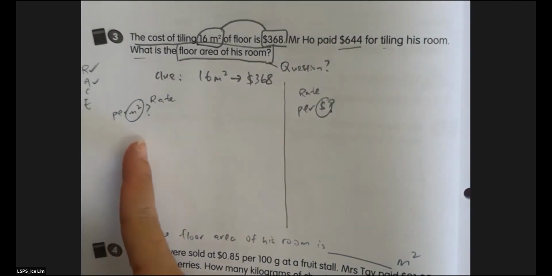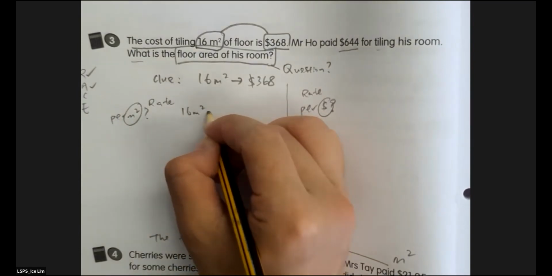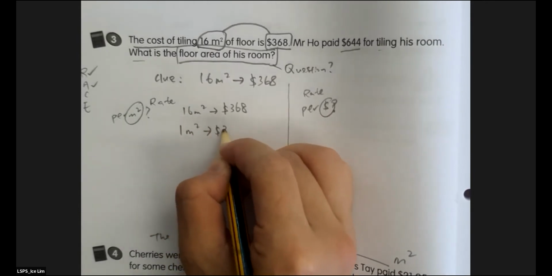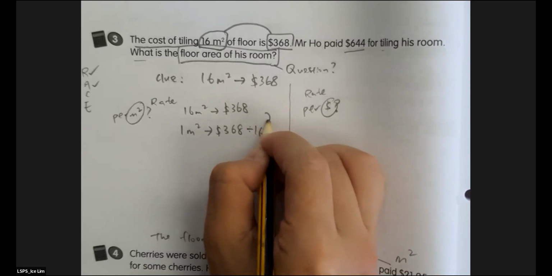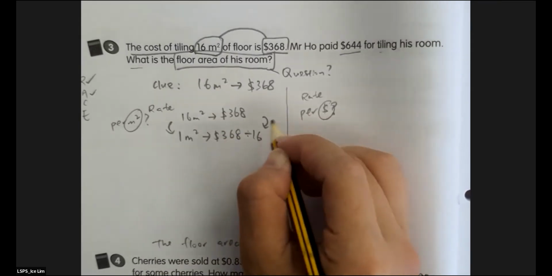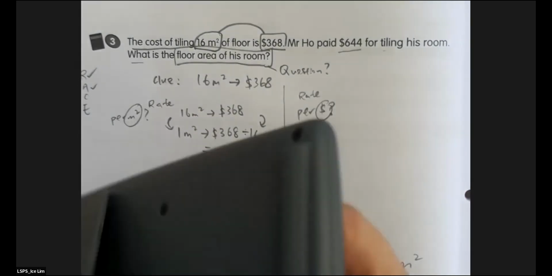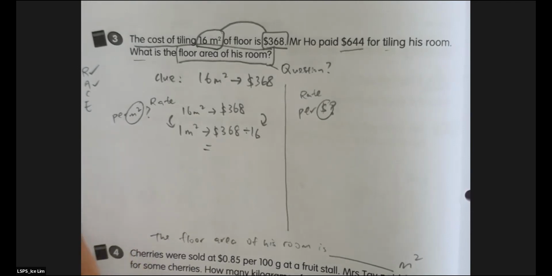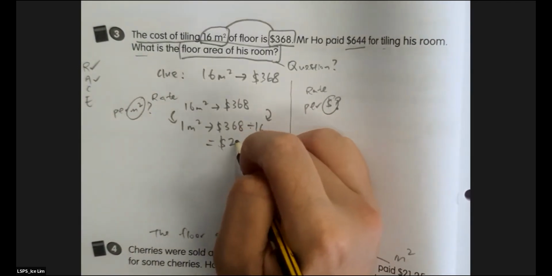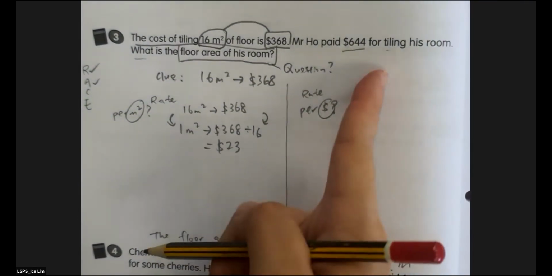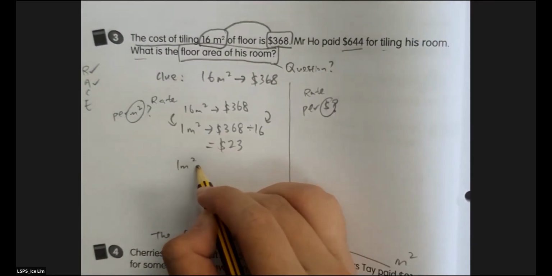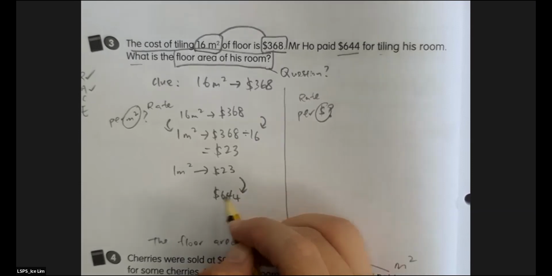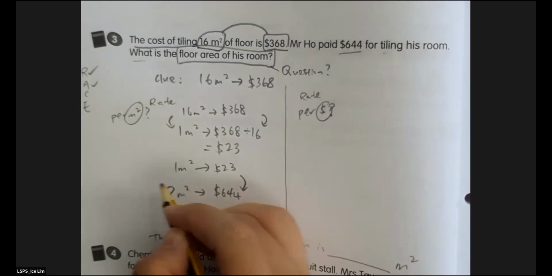If I go with per square meter, so 16 square meters is $368. So 1 square meter will be 368 divided by 16, which will give me $23. Then the question now is from 1 square meter, which is $23, I have to go to $644. So how many square meters is this?